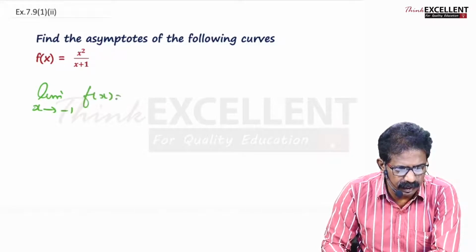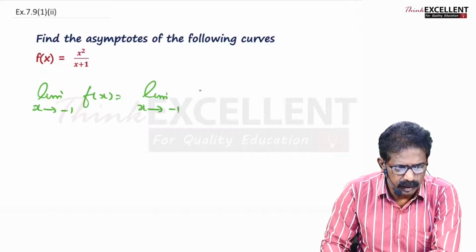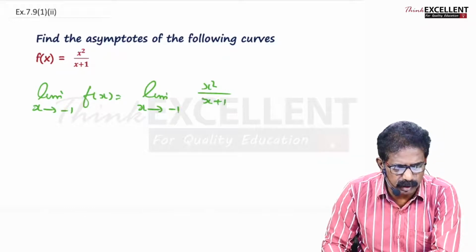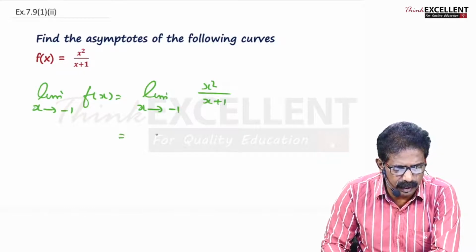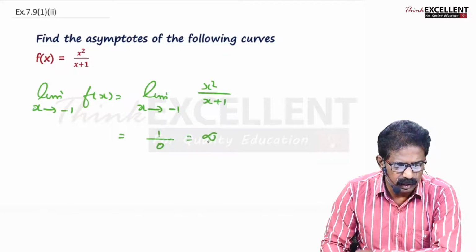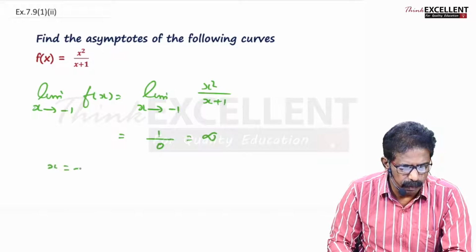Check whether you are getting infinity. So limit x tends to minus 1, x square by x plus 1. For x you put minus 1, so minus 1 square is 1, by minus 1 plus 1, 0. 1 by 0 is infinity. So x equal to minus 1 is a vertical asymptote.